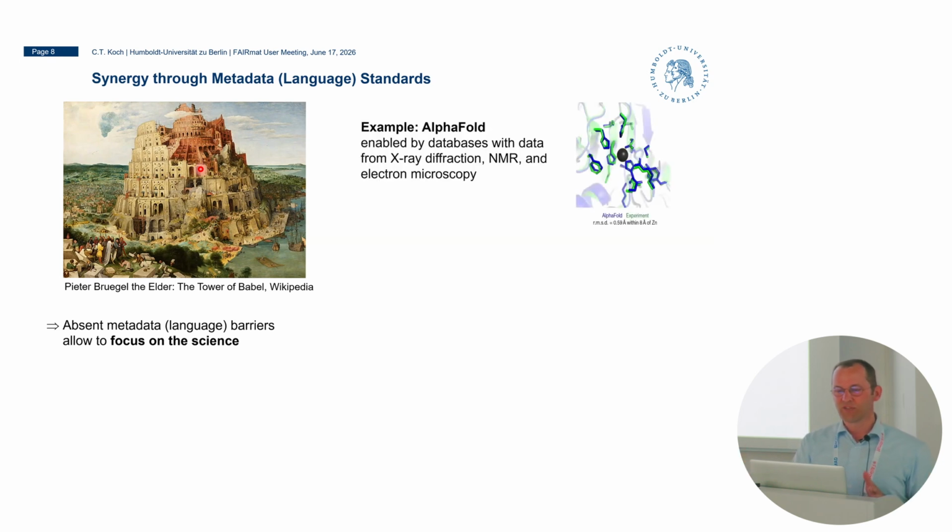Here's a good example that you may have heard about. This Google subsidiary company, DeepMind, developed this AlphaFold software, which from protein data, they were able to now, using some complex artificial neural network, predict how proteins would actually fold once the sequence of the amino acids is known.